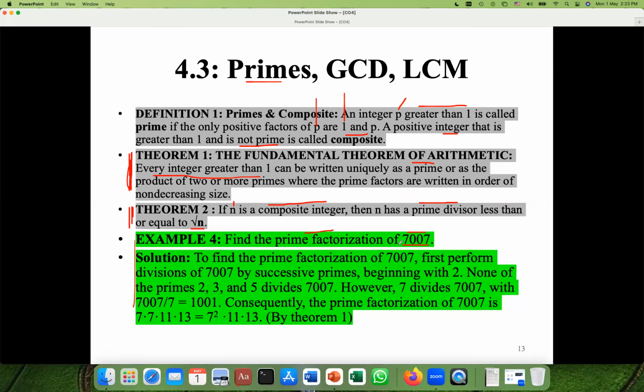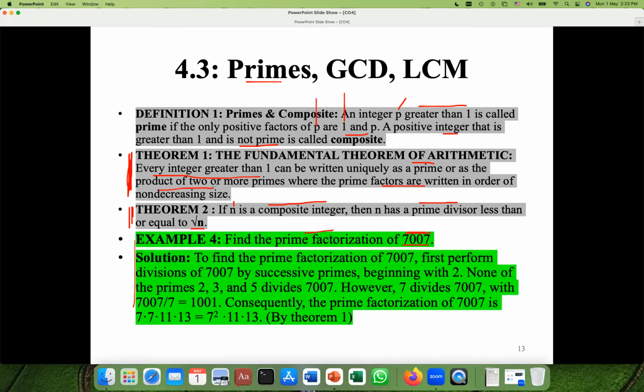Find the prime factorization of some integer given to you, 7007. Prime factorization means: what are the different numbers through which you can divide that number? There is a condition written in theorem 1 that the prime factors would be written in non-decreasing order of size.